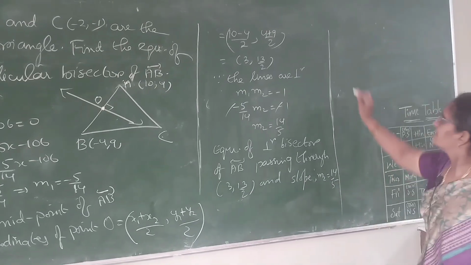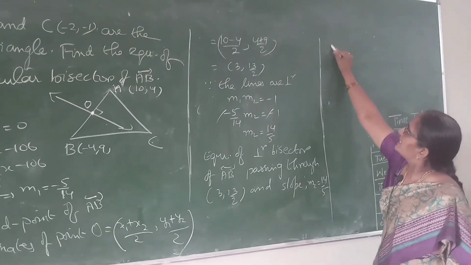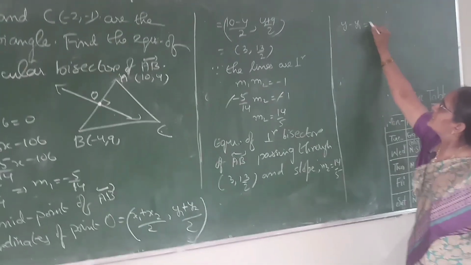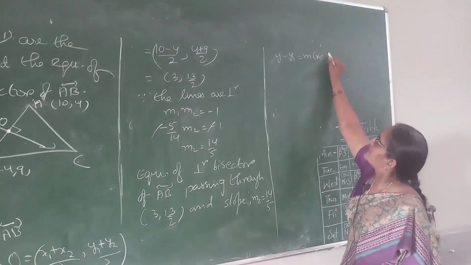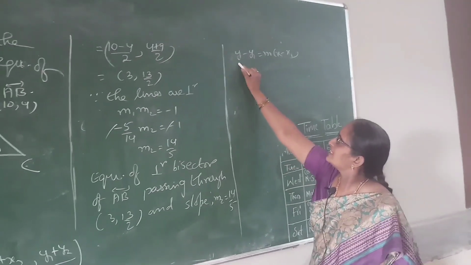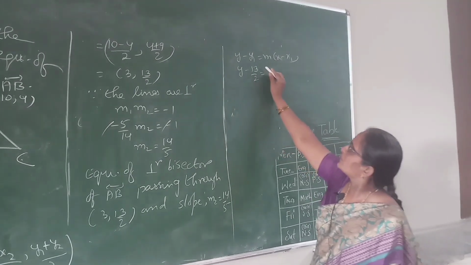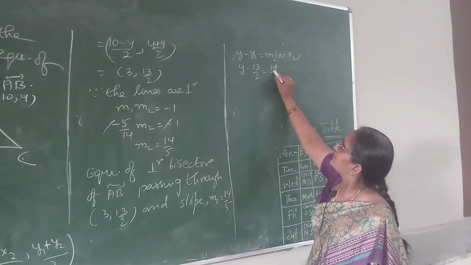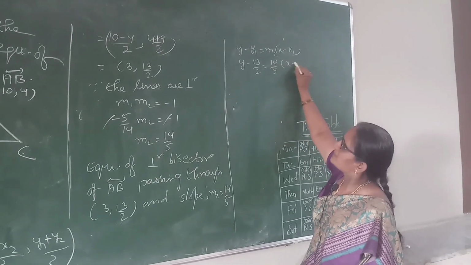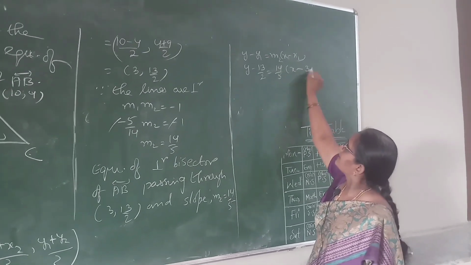So what is that? Is nothing but y minus y1 is equal to m into x minus x1. So what is y1 there? 13 by 2. What is m2? 14 by 5 into x minus, what is 3?